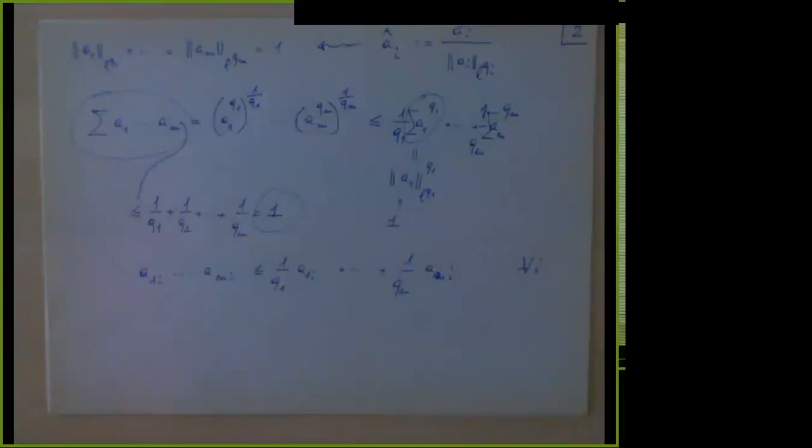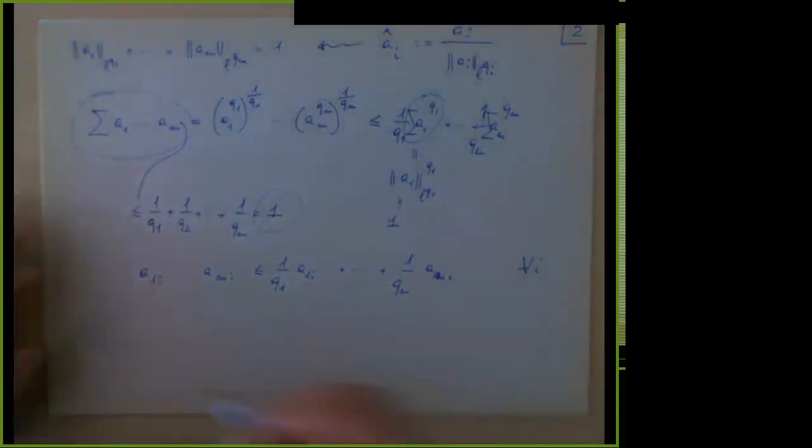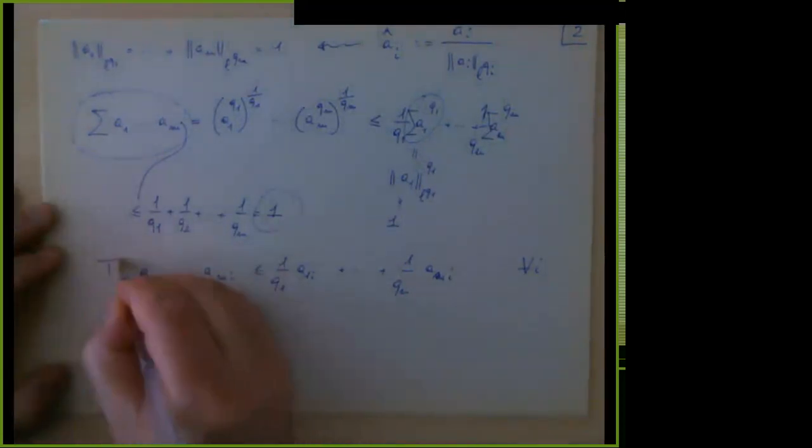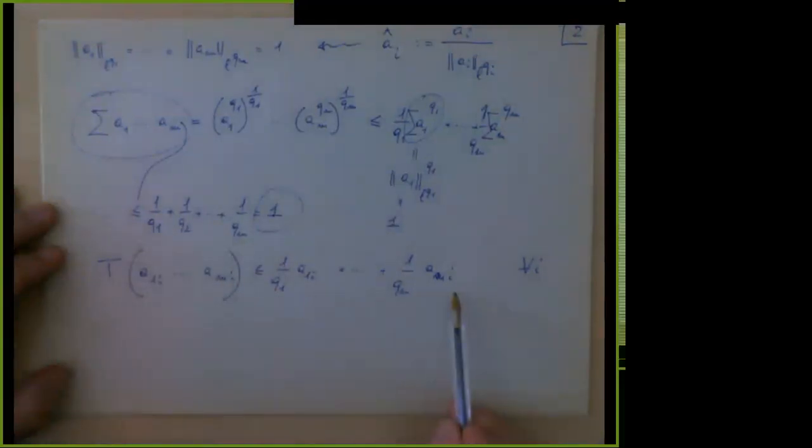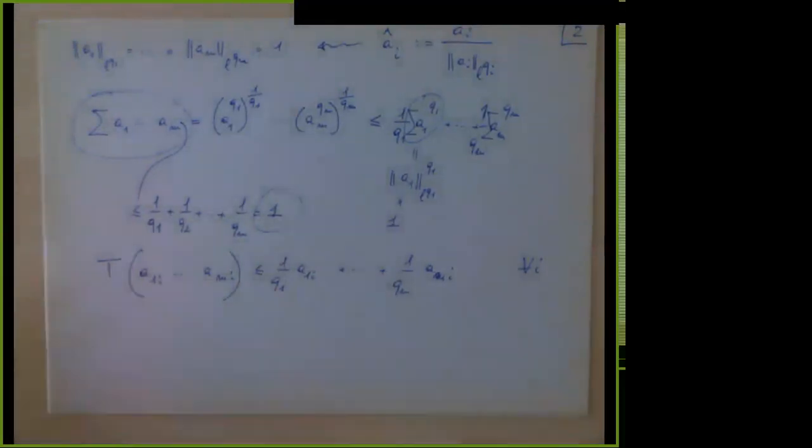So this suggests the question of what properties we are using when we obtained this inequality. We applied a certain operation on both sides. We can call it capital T, for instance. And then on these sides, what did we use? We used linearity. Actually, we used even slightly less than linearity. We used sub-additivity and positive homogeneity.